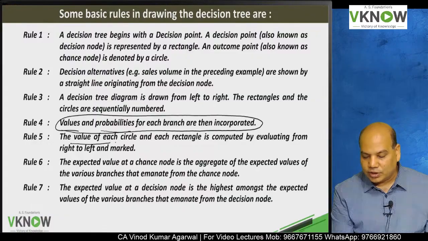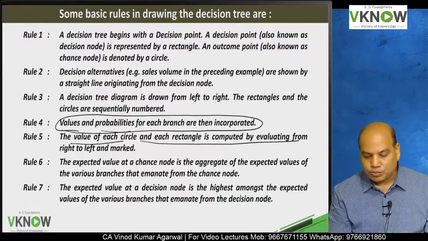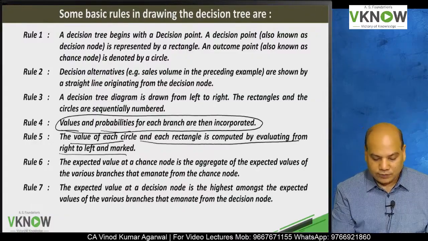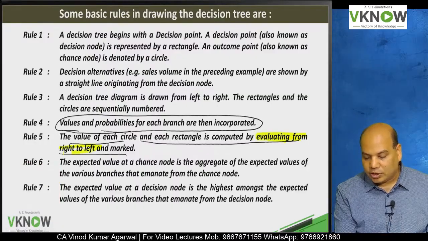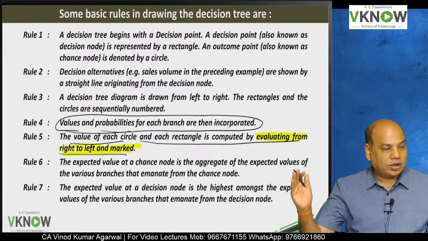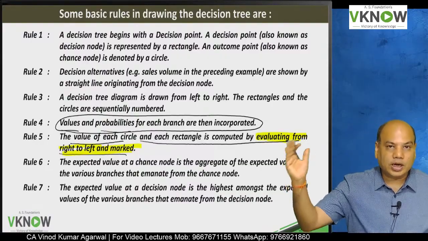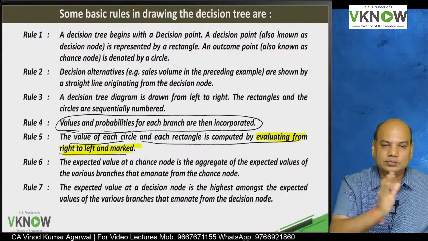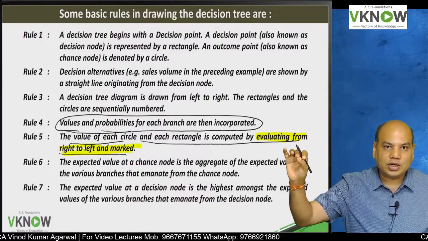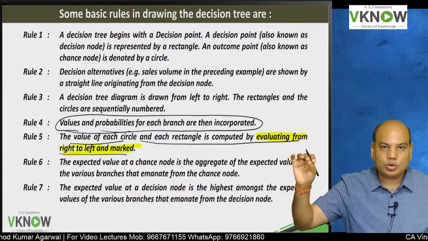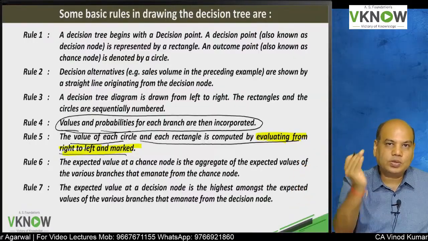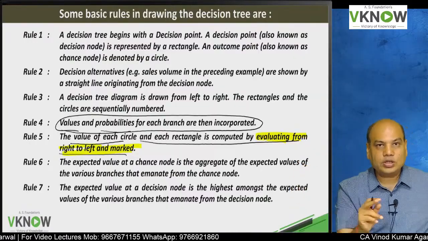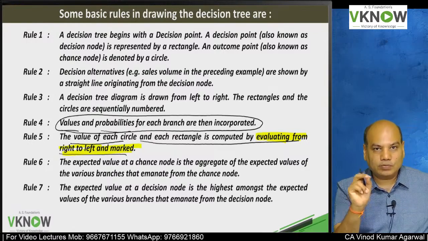Next is the value of each circle and each rectangle is computed by evaluating from right to left. Evaluation will be done from right to left. That means the rightmost circle or rightmost decision node will be first valued. You will move backward till you reach D1, decision node 1.